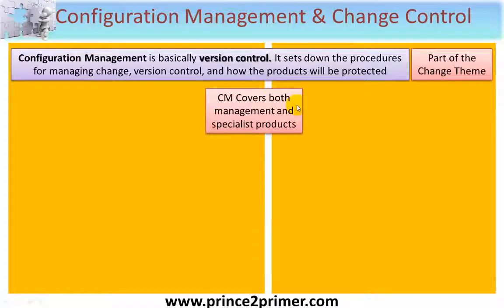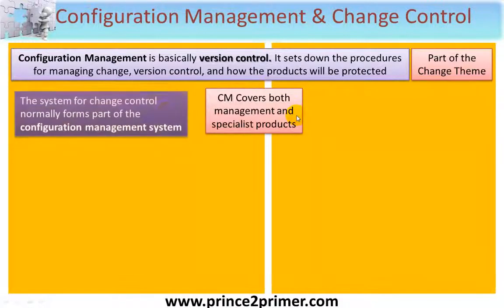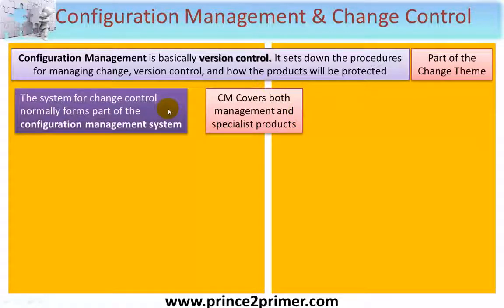And configuration management covers both management and specialist products of a project. Now, the system for how you manage change control normally forms part of the configuration management system, as I'll show you.